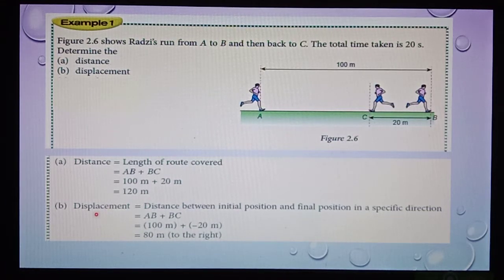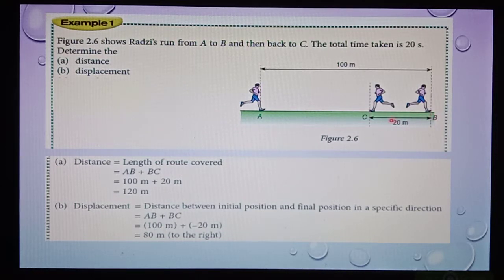Now displacement: the distance between the initial point and the final point in a specific direction. This is the initial point, this is the final point. So what is the distance traveled here? This one is displacement. You just take 100 minus 20 meters. Why do we need to minus?